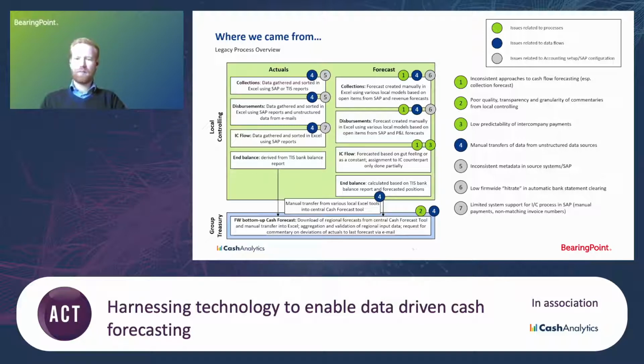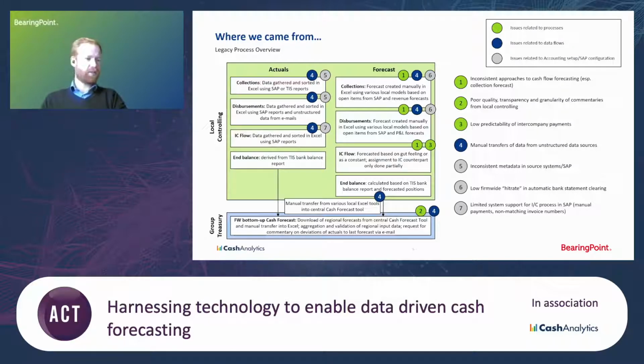There were also some larger issues that we uncovered with regards to processes that lay way upstream of the forecasting itself, be it things like bank statement reconciliation and SAP.